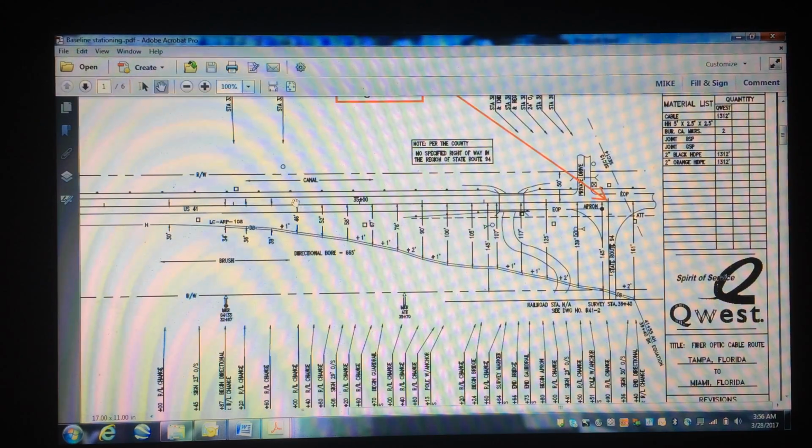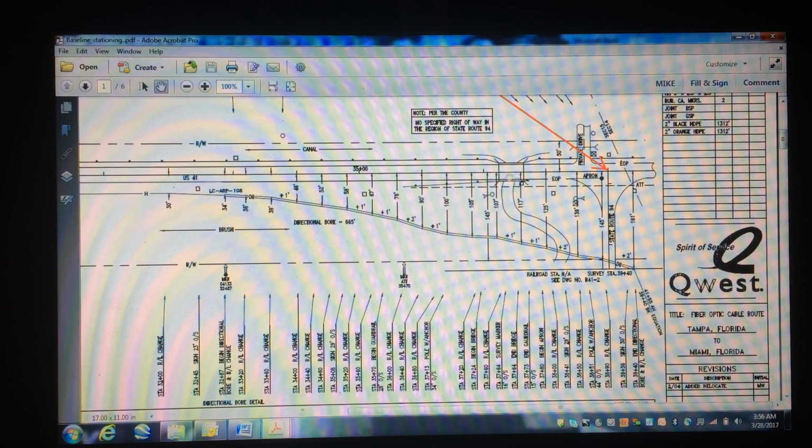Now you can see that our stationing is going to go all the way down here, and then when we get to that point is very important. I will explain that in another video. But at that point you take your wheel, you spin it around, and your baseline has changed, and you keep wheeling off down that way.